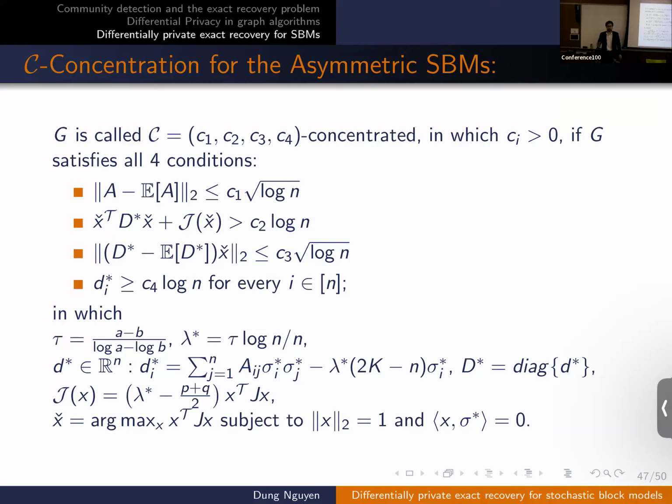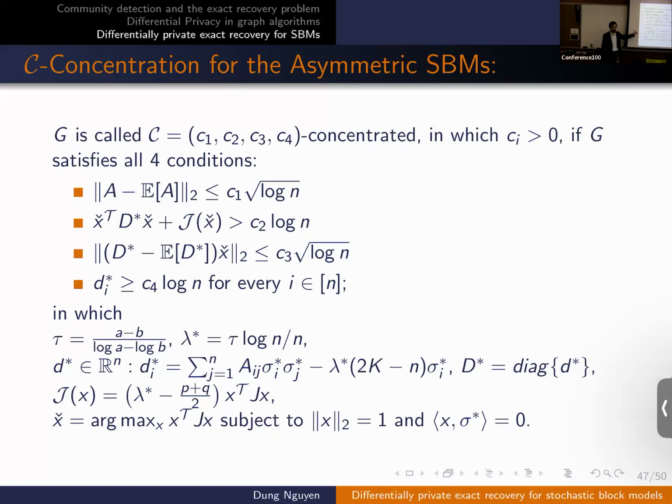Unlike the symmetric case, where we can at least explain what the meaning of C concentration is, now it's too complicated. But we still have a way to construct the C concentration here, and we still prove the statement, which is that this concentration happens with high probability.